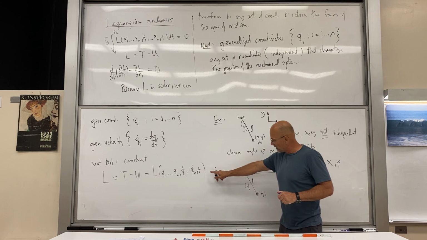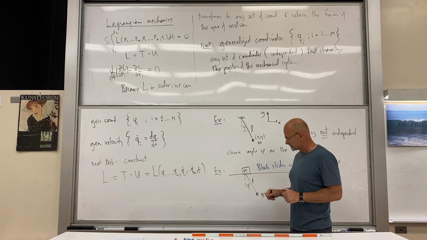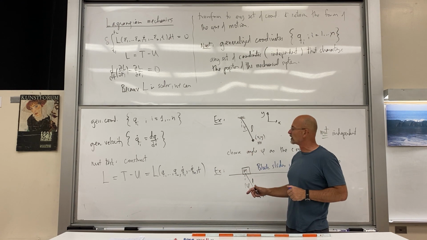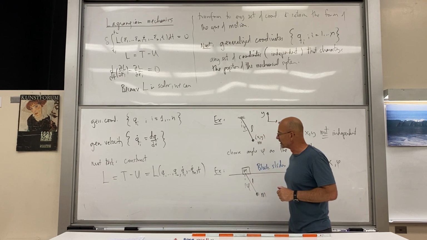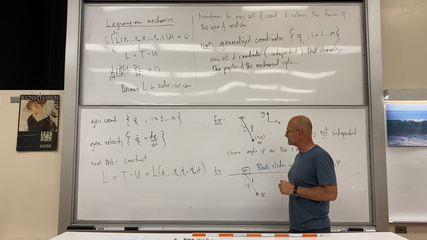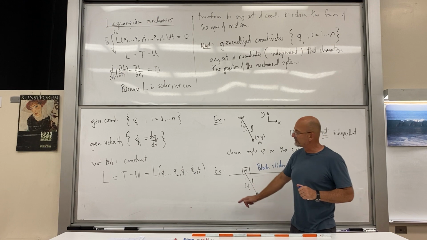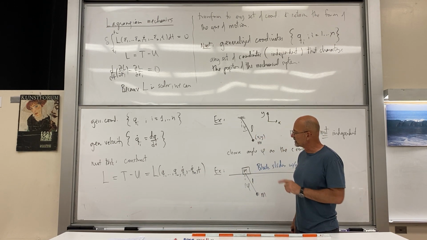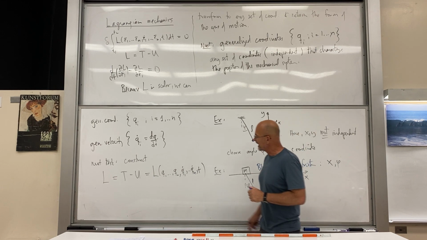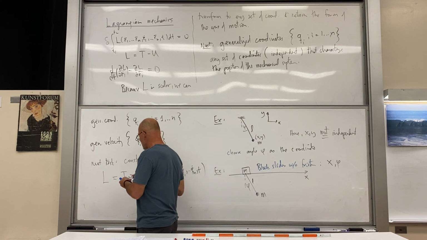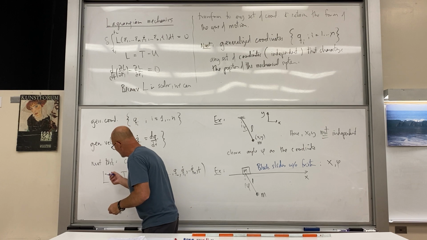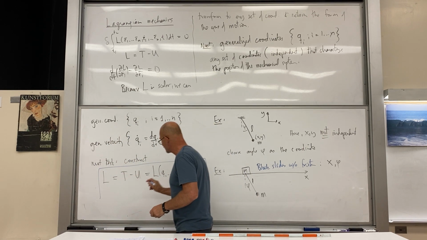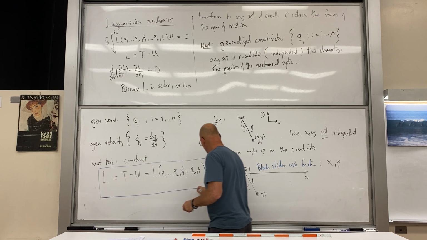Could be some really interesting problems with explicit time. Conserved quantity, systems with conserved energy don't have t in there, as we'll see later. But actually we've already seen it. We have the conservation of energy and it was lacking in explicit t, but we'll get back to that. So yeah, next task, we have to construct the Lagrangian with these new generalized coordinates that we have for the system.